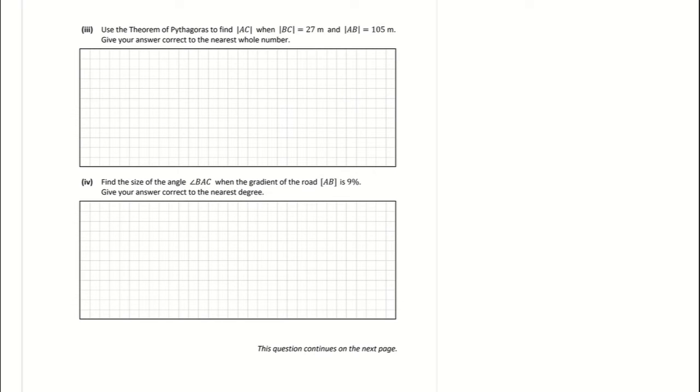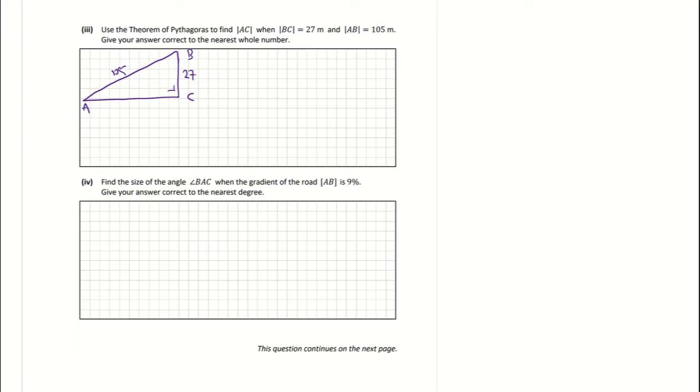Part 3, use the theorem of Pythagoras to find AC when BC is 27 and AB is 105. Give your answer to the nearest whole number. So if I just sketch the shape here again, I have my A, my B, and my C. They're telling me that BC is 27 and AB is 105.